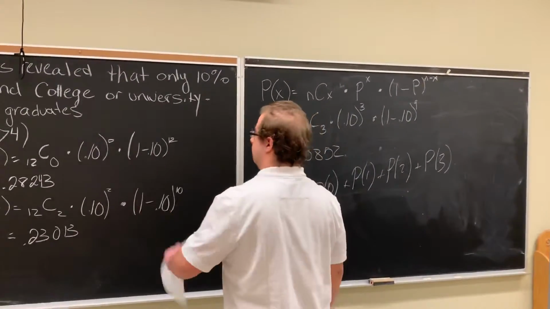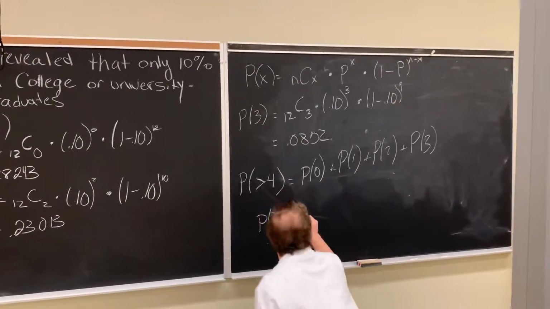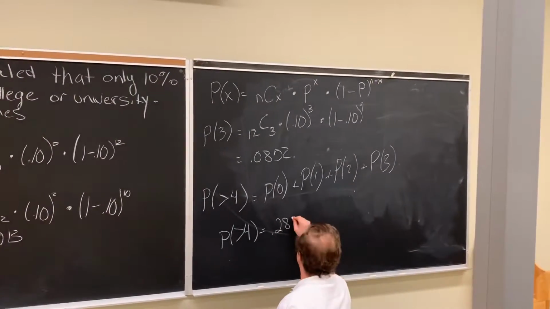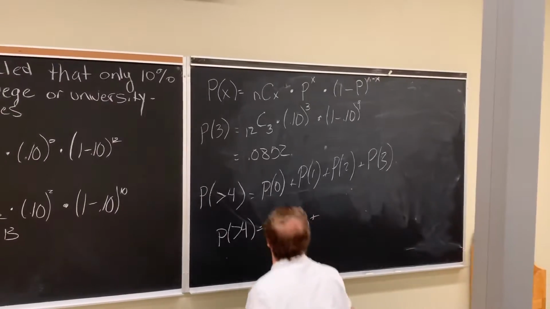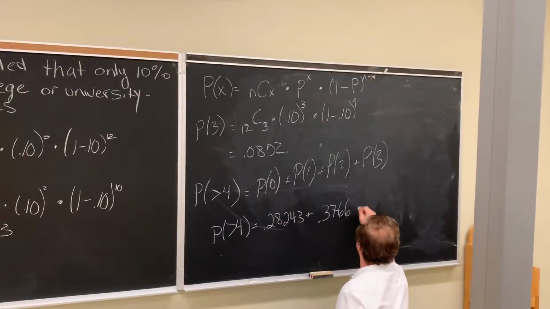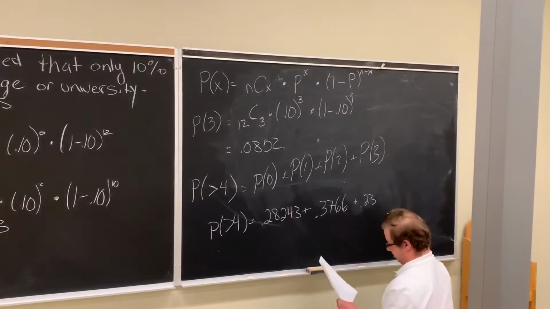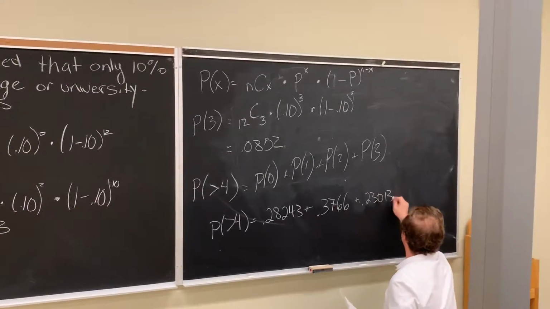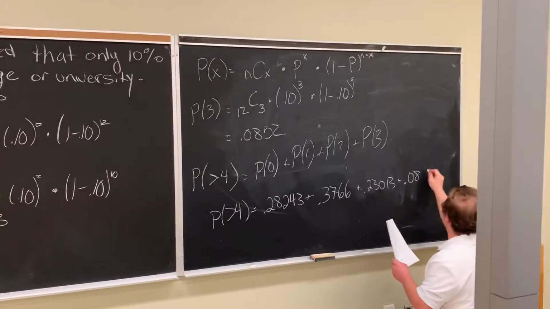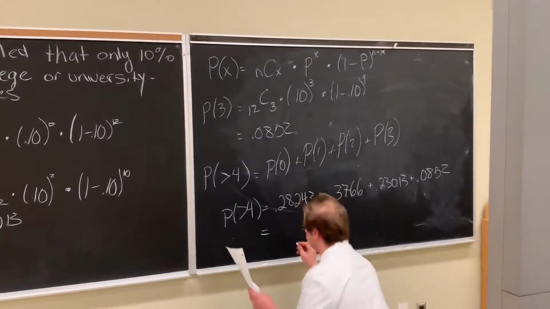So the probability of 0 is 0.28243 plus 0.3766 plus 0.23013 plus 0.0852.